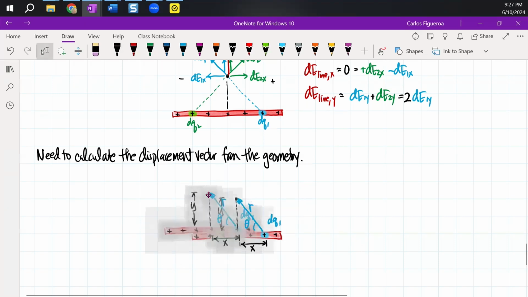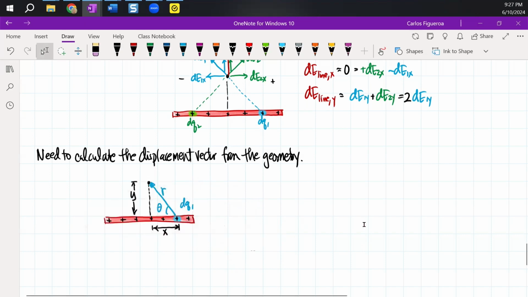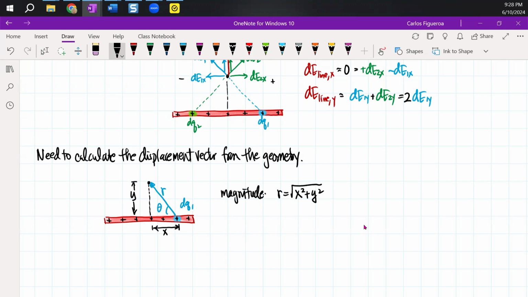So from the geometry, I could calculate this thing. If I look at the magnitude of the displacement, you can clearly see that r is the hypotenuse. So then r has to be the square root of x squared plus y squared.